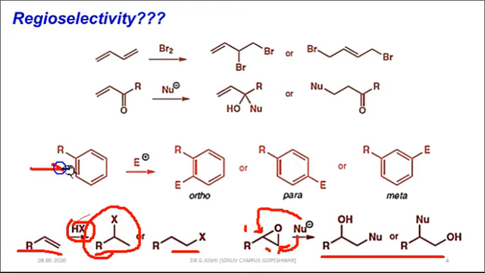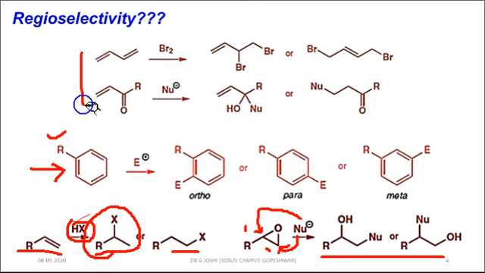During aromatic electrophilic substitution, in a substituted benzene derivative, if we perform electrophilic substitution, then there is the possibility of formation of ortho, para or meta product. But depending on the nature of the group attached on the benzene ring, the formation of ortho, para, and meta selectively takes place. This is another example of regioselectivity.